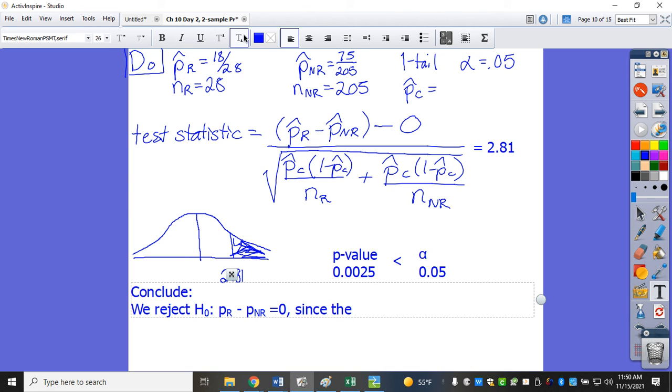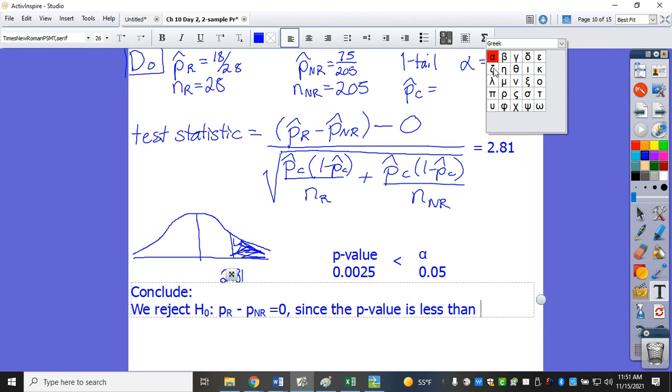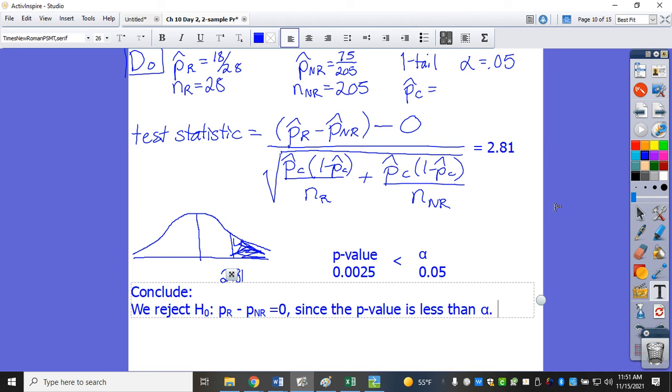Since the p-value is less than alpha, which means that we have evidence. And then so how do I want you to write it for a test? Just exactly the right alternative.